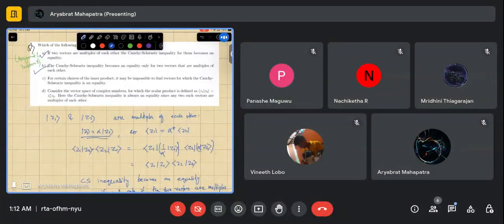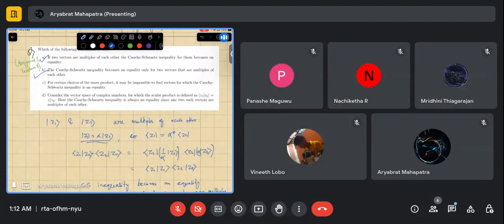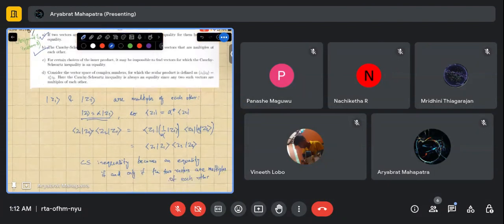If we consider a vector space of complex numbers Z1 and Z2, and the field is also defined for complex numbers, that is basically a complex field, and they are multiples of each other by alpha, the proof is more or less the same as what I have discussed here.